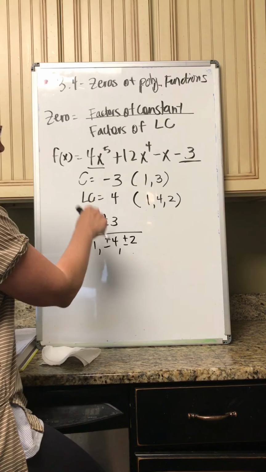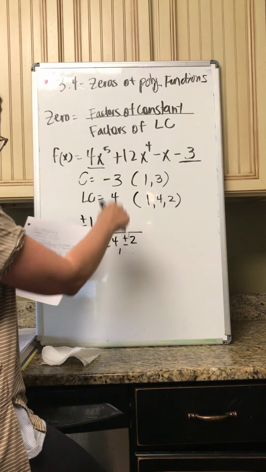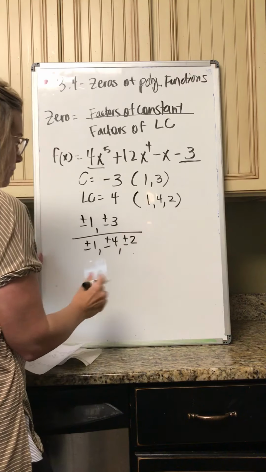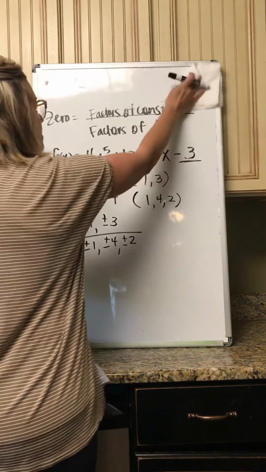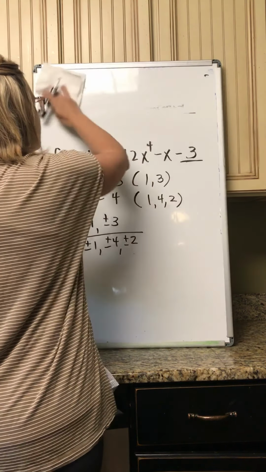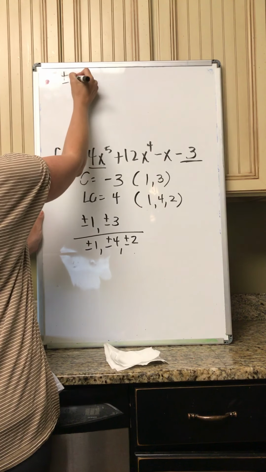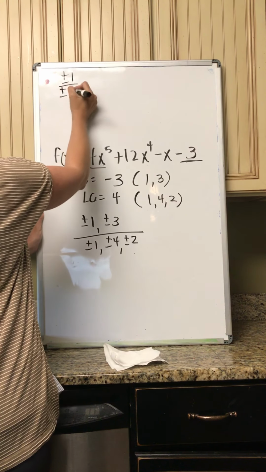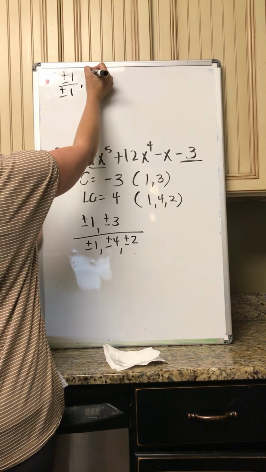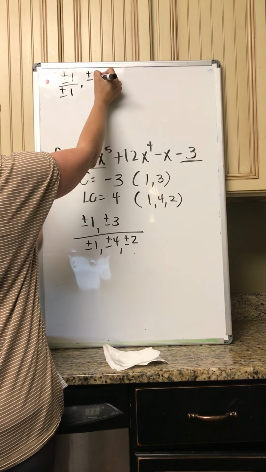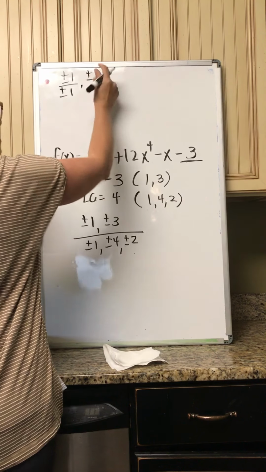You have to take each top number and divide by each bottom number. So, let me erase this at the top so you can see it. Now, you're going to say plus or minus 1 divided by plus or minus 1, plus or minus 3.